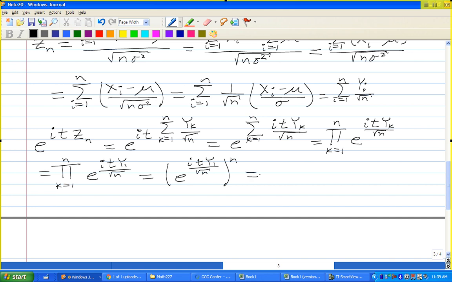But the yi is normally distributed, and so this just looks like e to the minus 1/2 t squared.